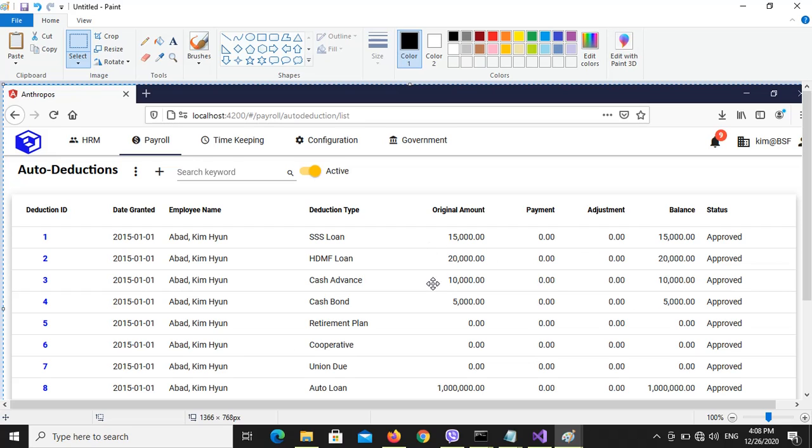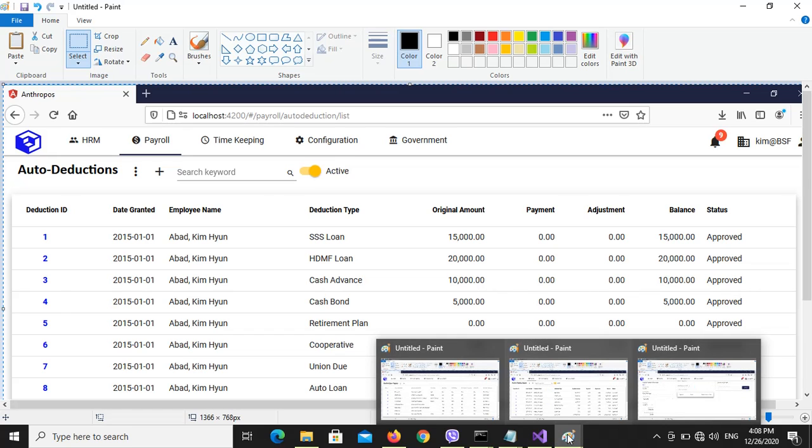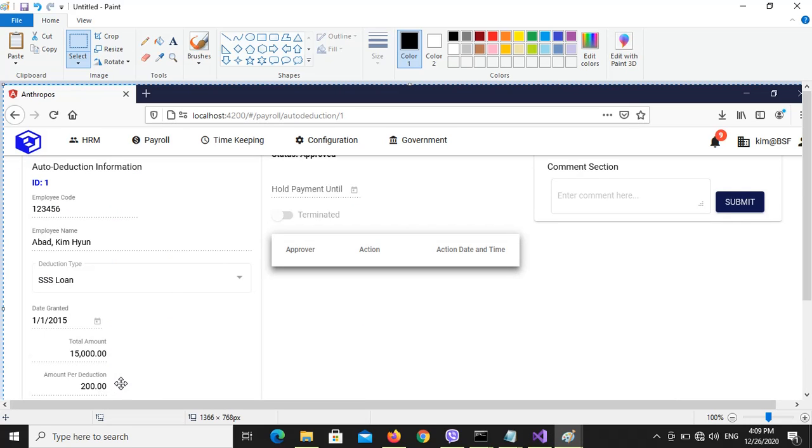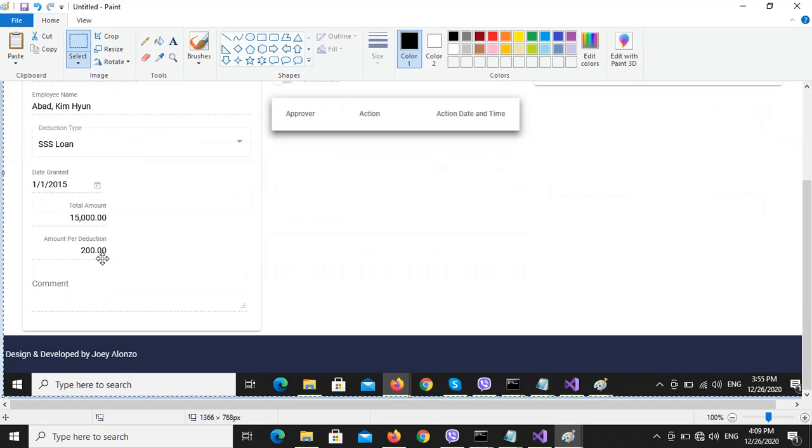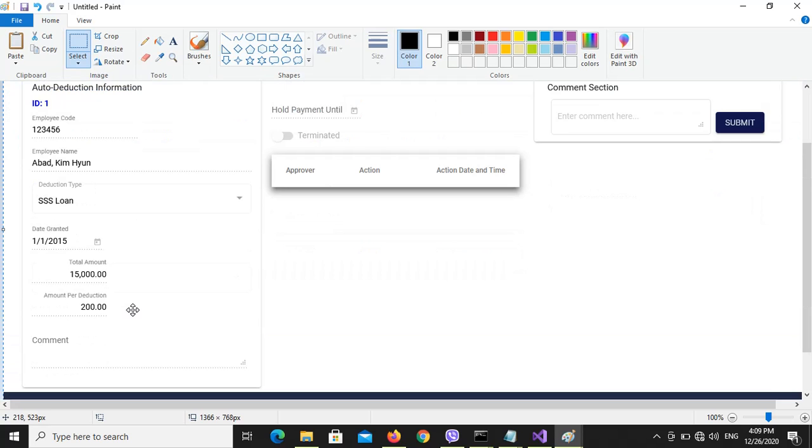All these will be automatically deducted in the payroll depending on the amount per deduction. Like for instance, this SSS loan, total amount is 15,000, but amount per deduction is 200. So for every deduction in the payroll, 200 will be deducted from Abad Kim Yun.